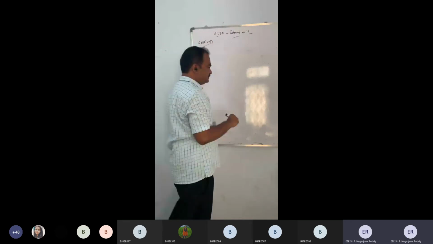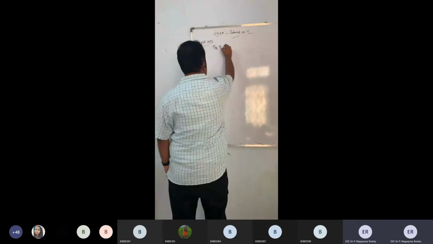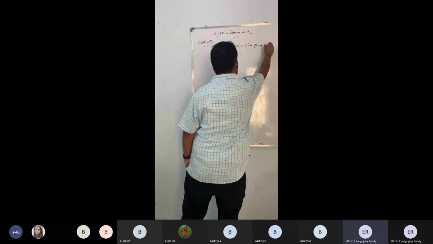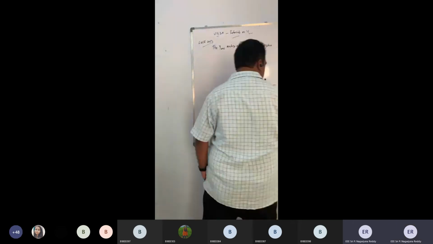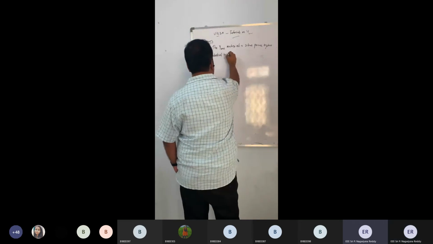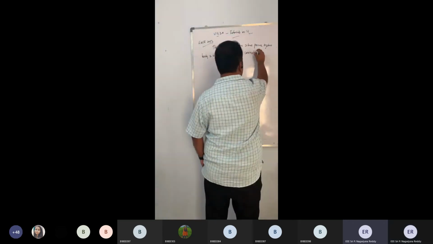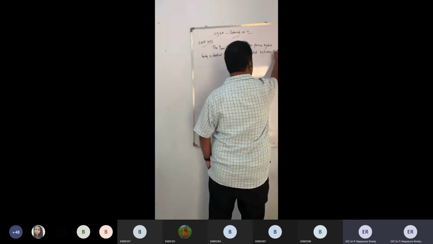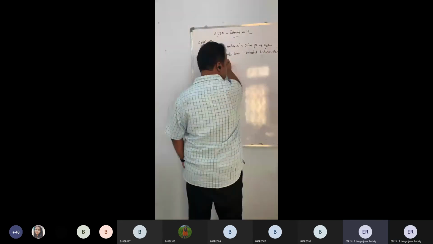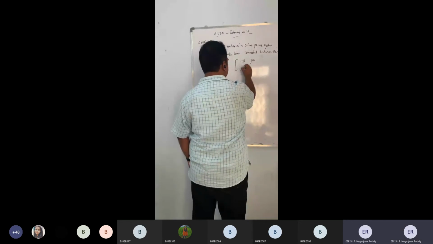It says that the Y-bus matrix of a two-bus power system having two identical parallel lines connected between them, in per unit, is given as minus J8, J20 minus.